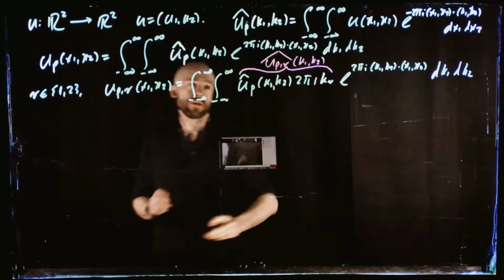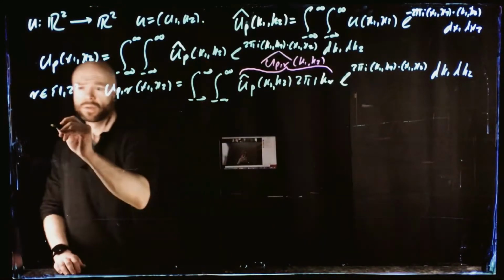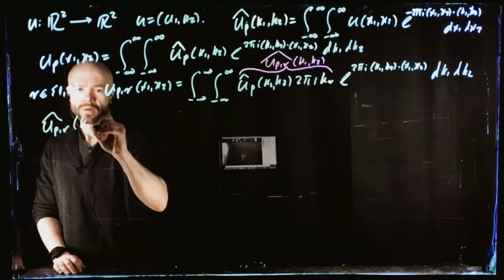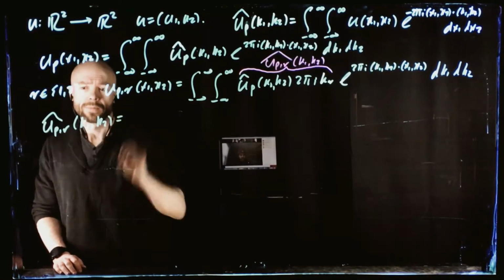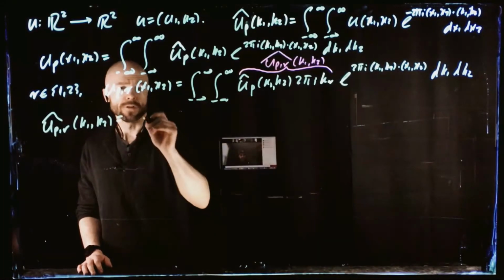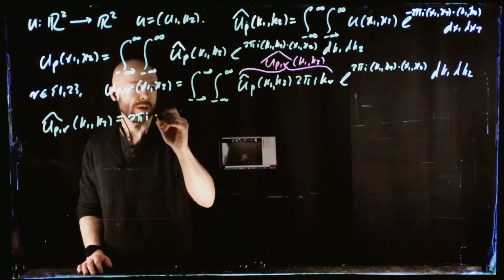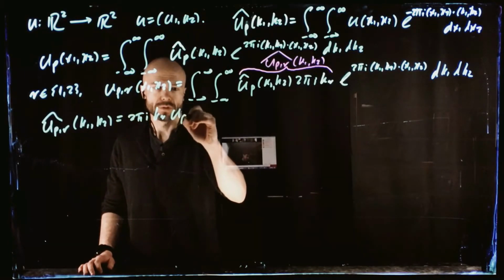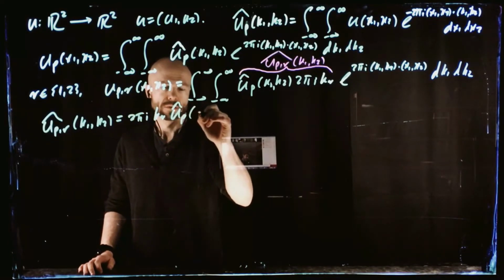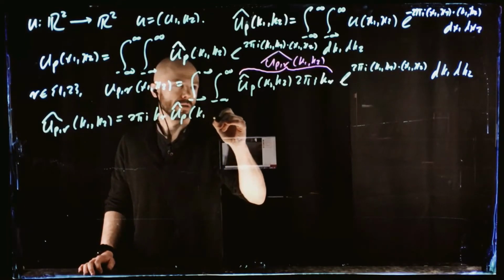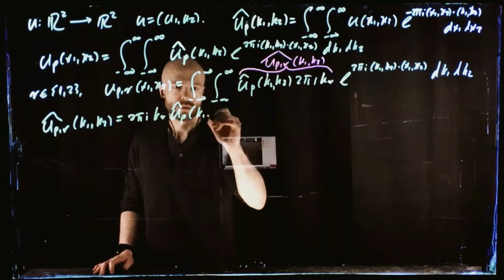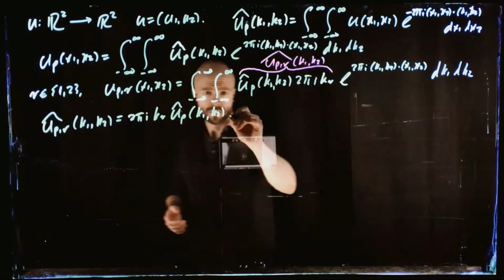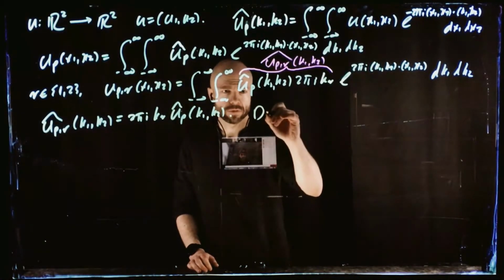Which means that the partial derivative, with its Fourier transform at k1, k2, has this very convenient form: it is just 2 pi i k_r times the Fourier transform of the original guy, like this.